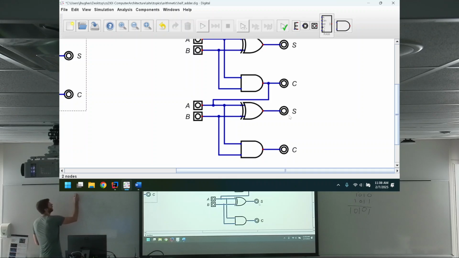Like 1001, 1001. If I do 1, 1, okay, 0, there's the carry. Assuming this is the least significant bit, and we do the addition, I've got a carry. I need to include this carry bit in the addition of these ones.